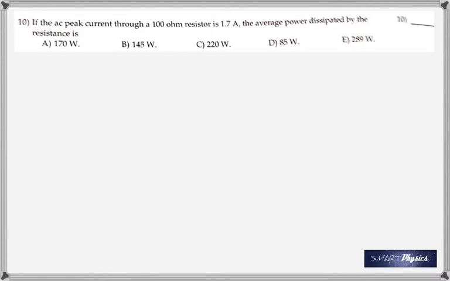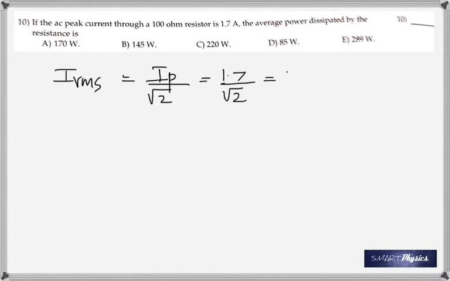If the AC peak current through a 100 ohm resistor is 1.7 ampere, what is the average power dissipated by the resistance? Okay, so the peak current is given. We can find the RMS current using this relation, peak divided by square root 2. That gives 1.20 ampere.